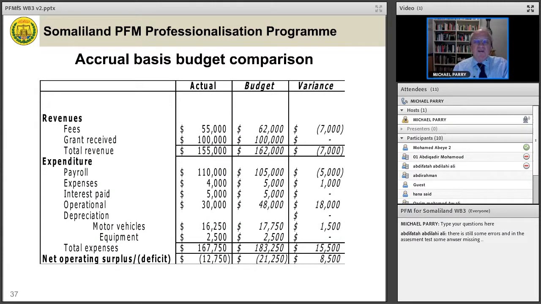As you can see here, it's $1,500 higher. Equipment, you didn't have any purchases, you didn't budget any, so it's exactly the same. And this comparison shows that you budgeted to have a deficit of 21,250. You've got an actual deficit of 12,750, so you're $8,500 better off than your budget.